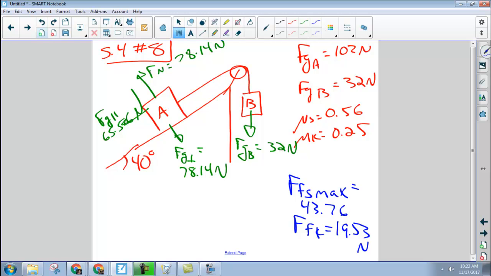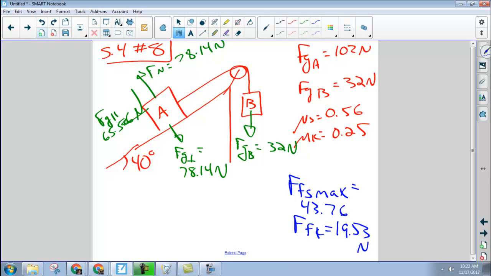So what you want to do is ask yourself, how much force would friction need to make the net force 0? Follow? Okay. So right now, I've got 65 pulling down the ramp and 32 pulling up the ramp. So I need another, what, 33 newtons? Follow? Okay.